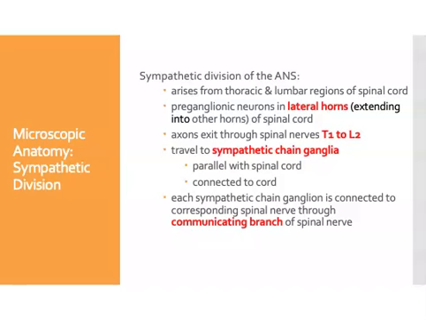They are connected to the spinal cord. Each one of those sympathetic chain ganglia is connected to a corresponding spinal nerve through one of those branches of the spinal nerves that we talked about, and specifically the communicating branch.